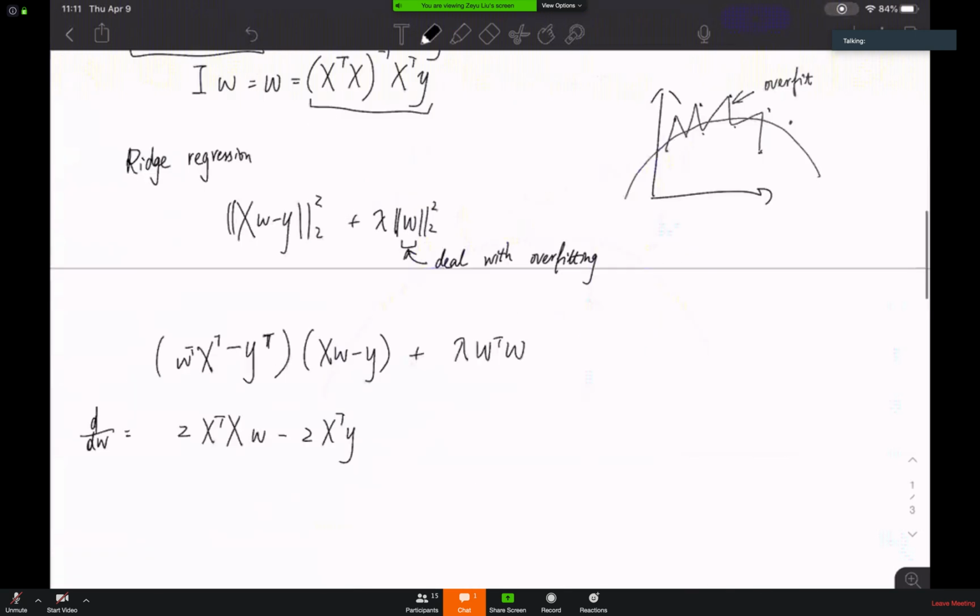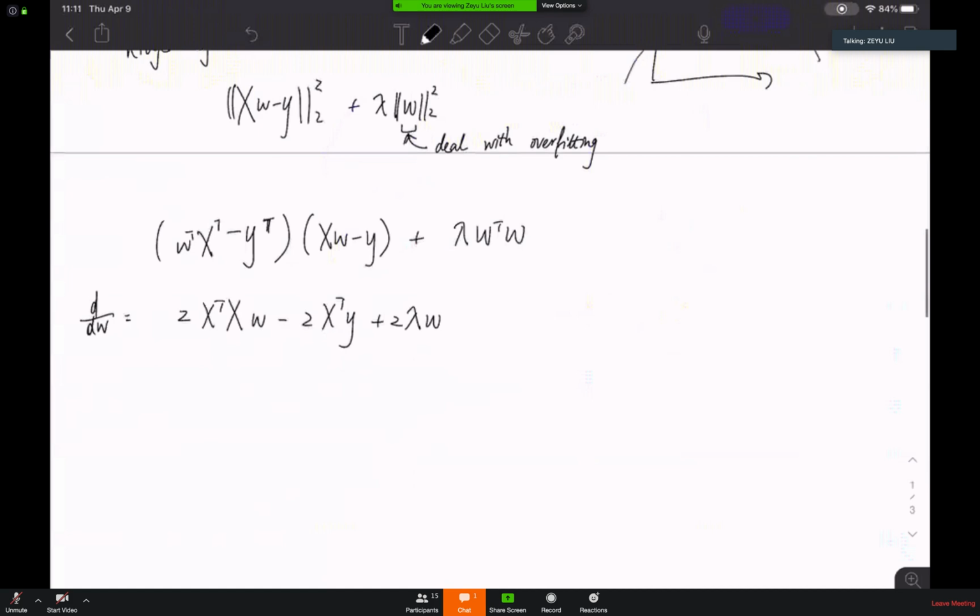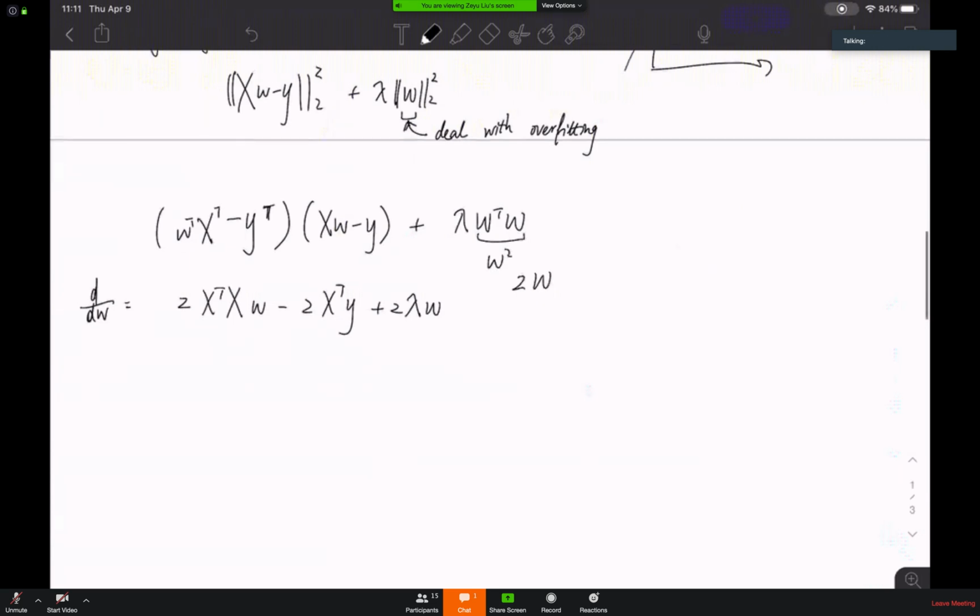And plus this lambda W times 2, you can see this as W squared, and when you derive this, you will get 2W, but that's not very important.